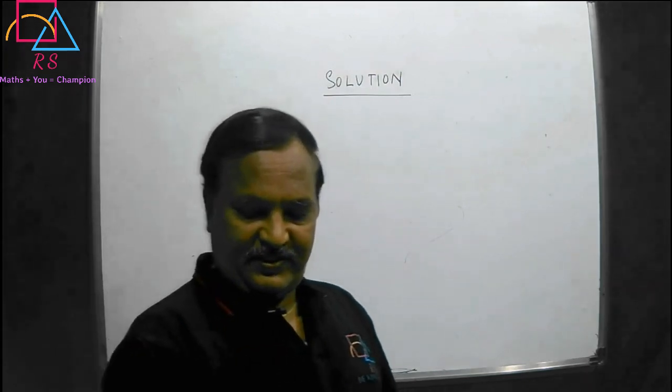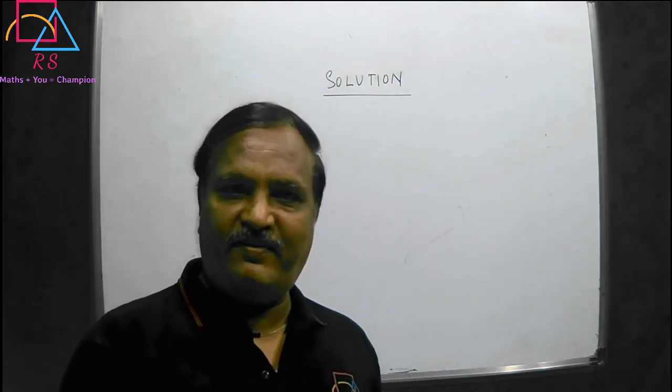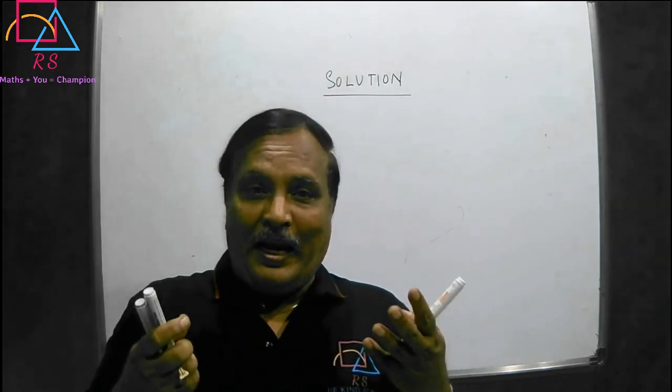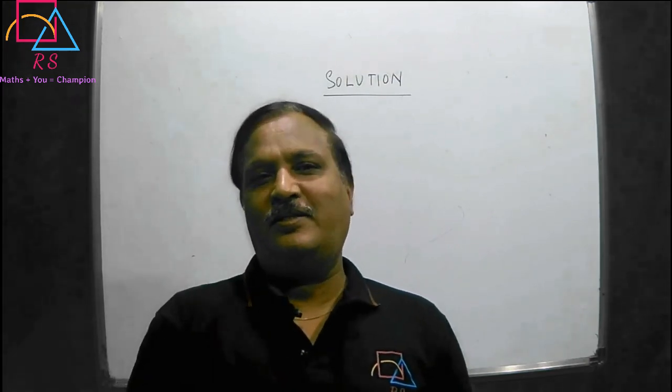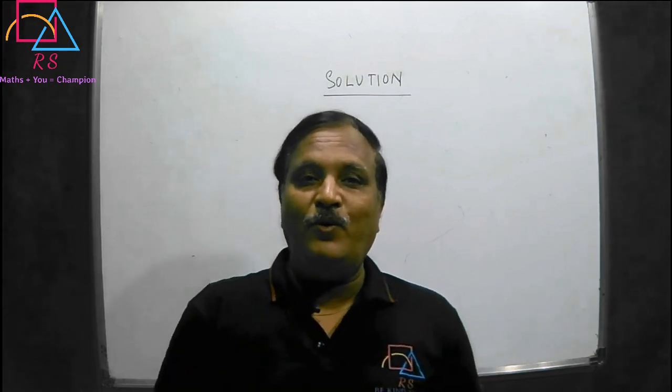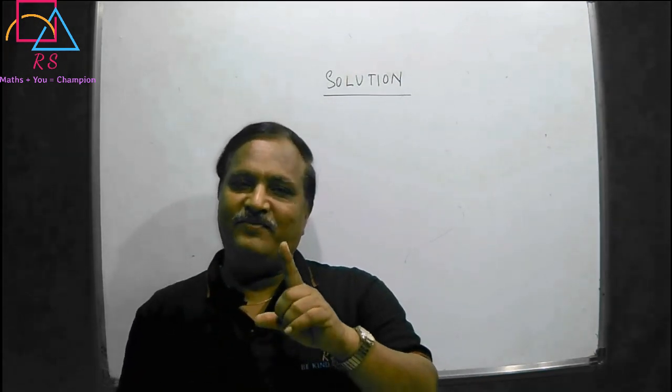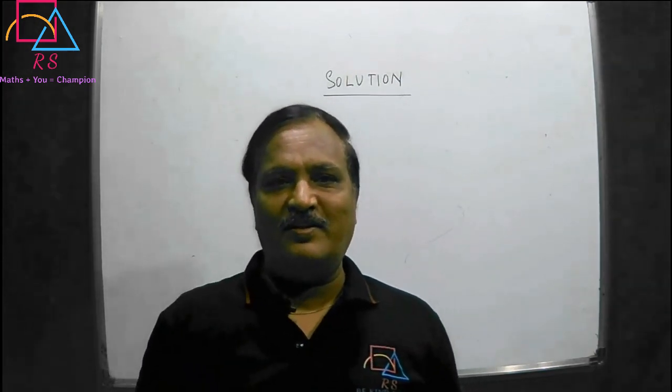Solution of an equation. The solution of an equation is the value of the variable, because there will be a variable in the equation. If there is one variable, it is the value of the variable.